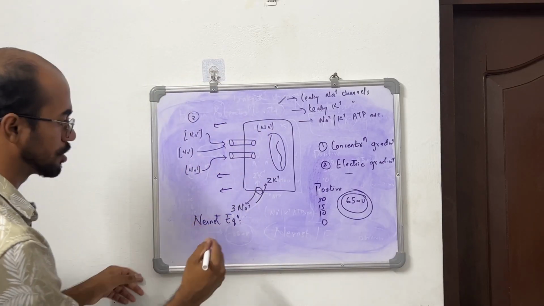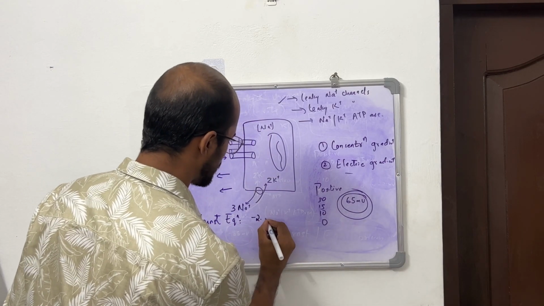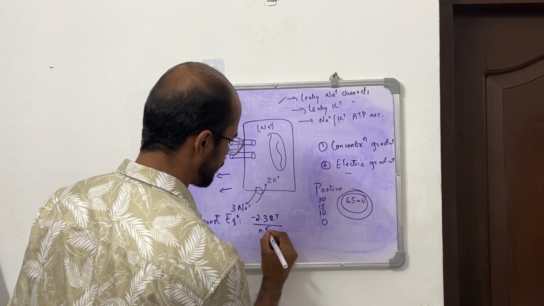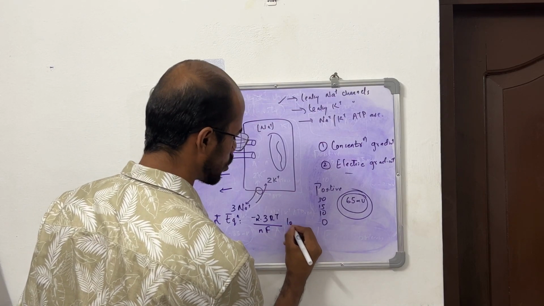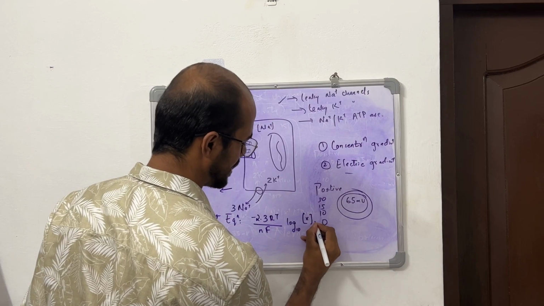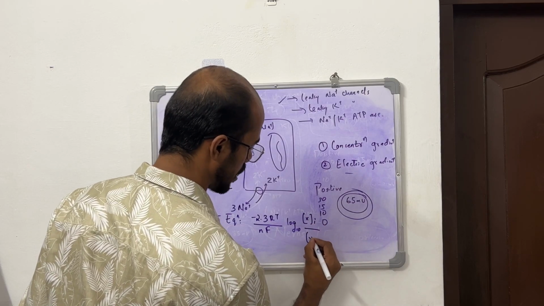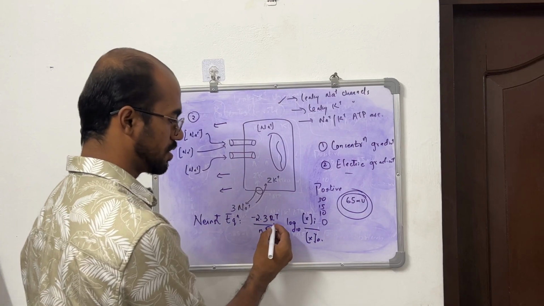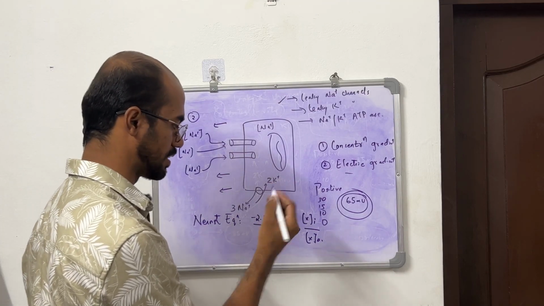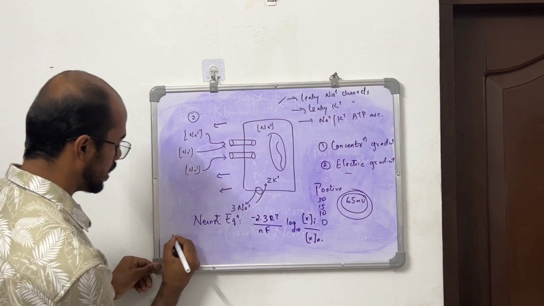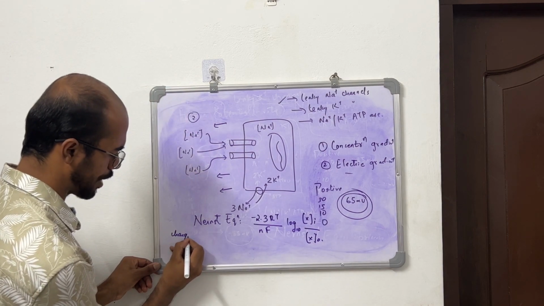Okay, and this equation reads negative 2.3 RT by NF log to the base 10 concentration of the ion inside the cell by concentration of the ion outside the cell. R means constant, T means temperature, F means Faraday constant, N means the charge of the ion.